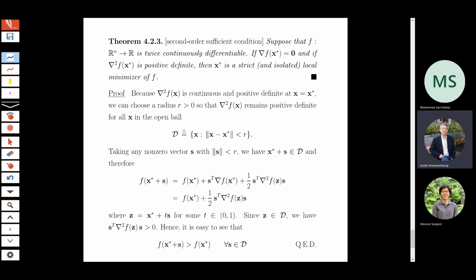Next, we move to the next theorem, which is the second order sufficient condition. When you say sufficient condition, it means the condition that is sufficient to conclude that a point x star is a local minimizer of the function f. This is what we have to prove here.